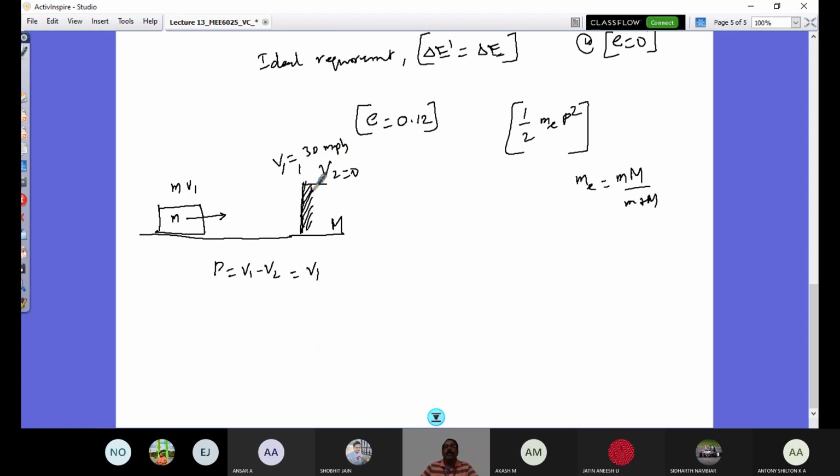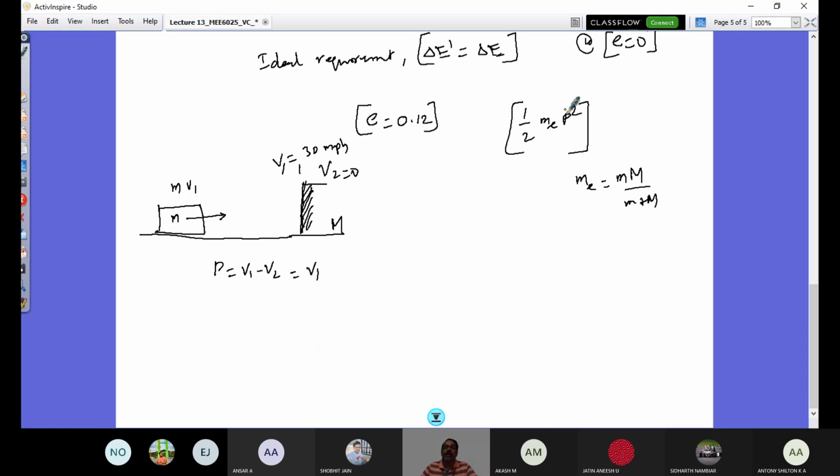This is 0. So now with 30 miles per hour, I have the square term here, so I will have my kinetic energy squared here, right? So if I double the speed, what would happen? If I double the speed, it would become 4 times the energy dissipation. That is what it is.